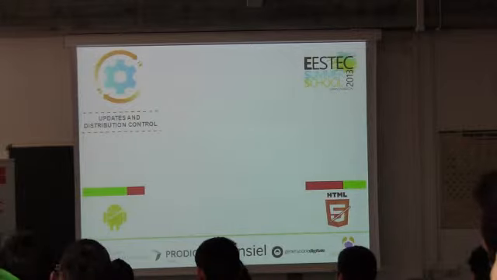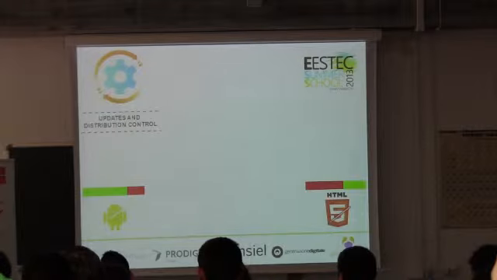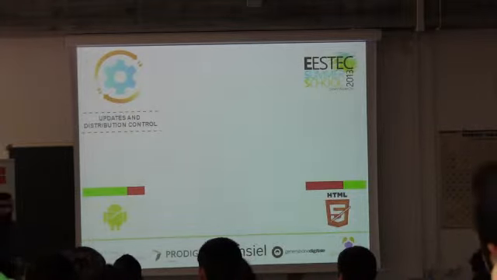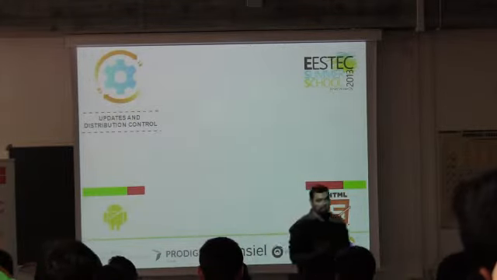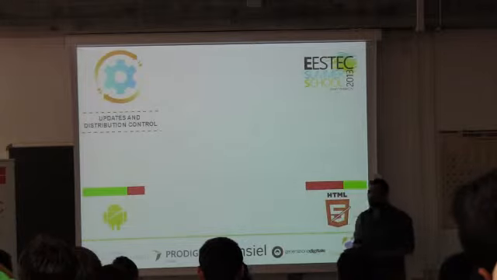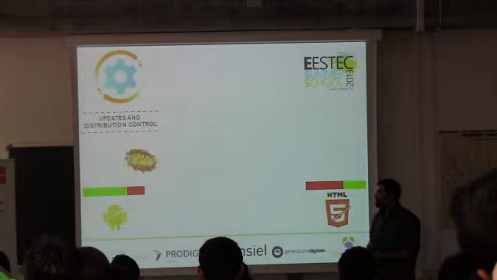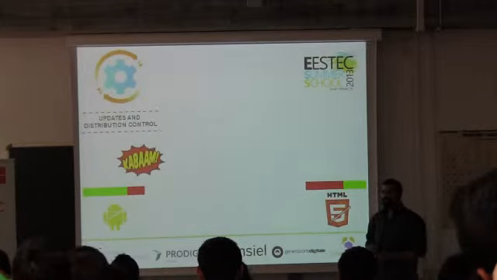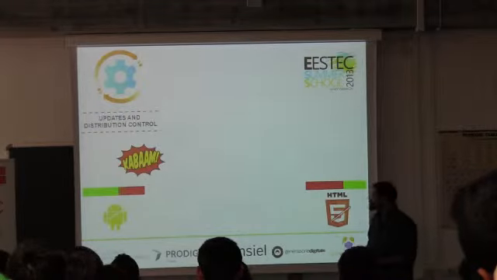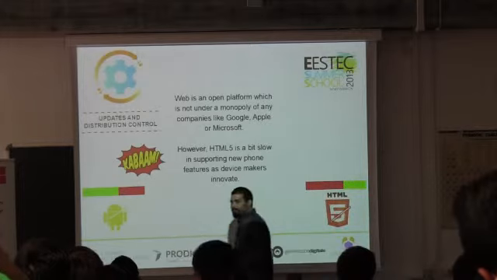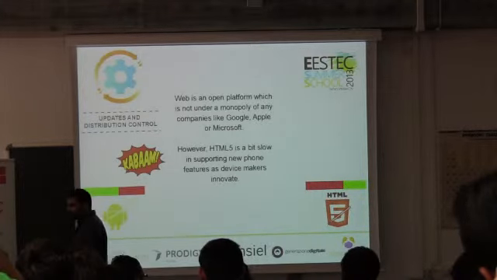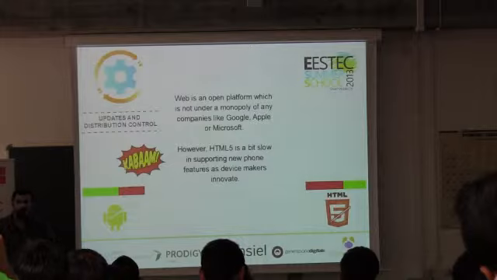That's not the case. The W3C is working. We don't know what they do. If you go to HTML5rocks.org or mozilla.org, you can see the process about HTML5. And come on, native apps get updates too. Because the web is open, not under a monopoly of Microsoft or Google or Apple.